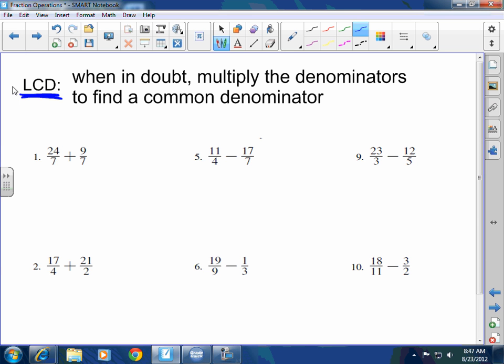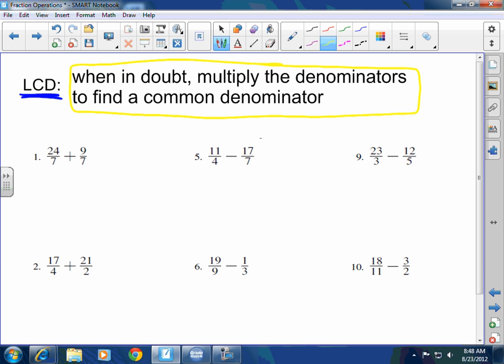So when in doubt, my friends, multiply the denominators to find a common denominator, okay? It doesn't always have to be the least common denominator. In that example that I just gave you, you would just multiply the 9 and the 17.